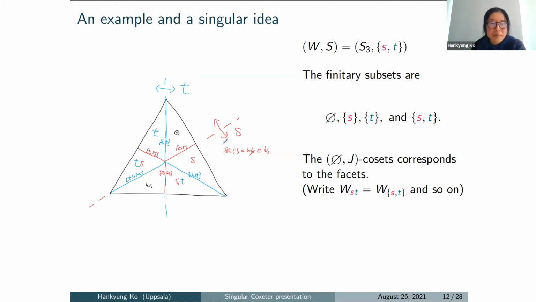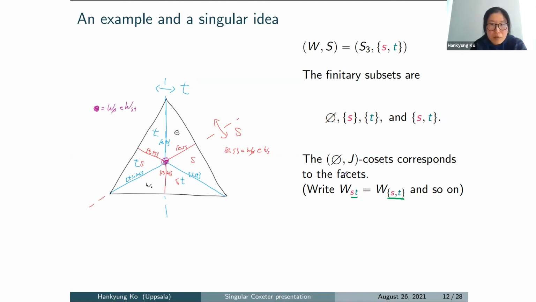And in this picture, these two-dimensional faces were the elements of the group, and we can assign these one-dimensional facets, double cosets, where J has one element, and we have another double coset here, which has J equal to ST. And when I write this kind of set, I will just list the elements without the set sign.